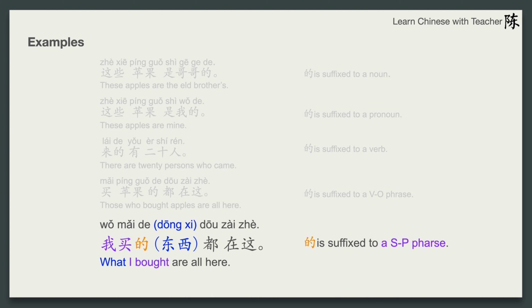In English, you say the sentence differently. You say, what I bought are all here. The same as we have not mentioned the word 东西 in the Chinese sentence. So we can leave the head word here and do not omit it. You can say 我买的东西都在这儿. It is also correct.